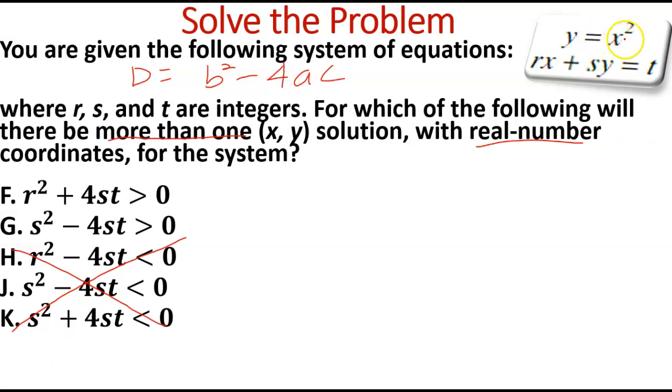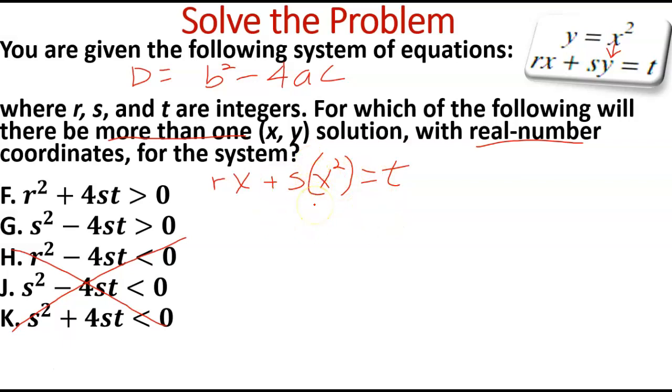I will take x squared and substitute it into the second equation, and that will give us rx plus s. Then substitute for y, so replace y with x squared. So x squared equals t. We can write it in standard form, and since it's quadratic, move everything to one side.